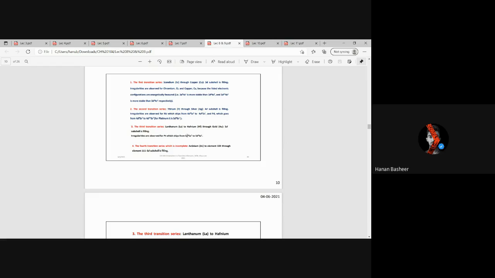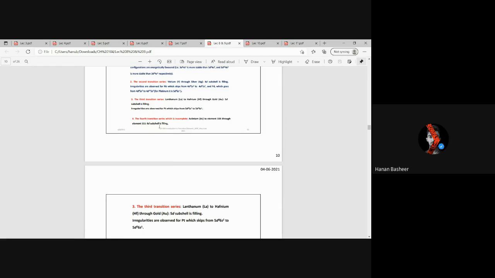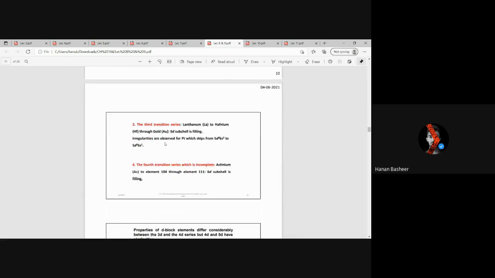Then the third will be observed in platinum, and in the fourth transition series we will observe no irregularities. In the third transition series, platinum has an irregularity because 5d8 6s2 to 5d9 6s1 is skipping, and in the fourth transition series, from actinium to element 104, there is no irregularity.